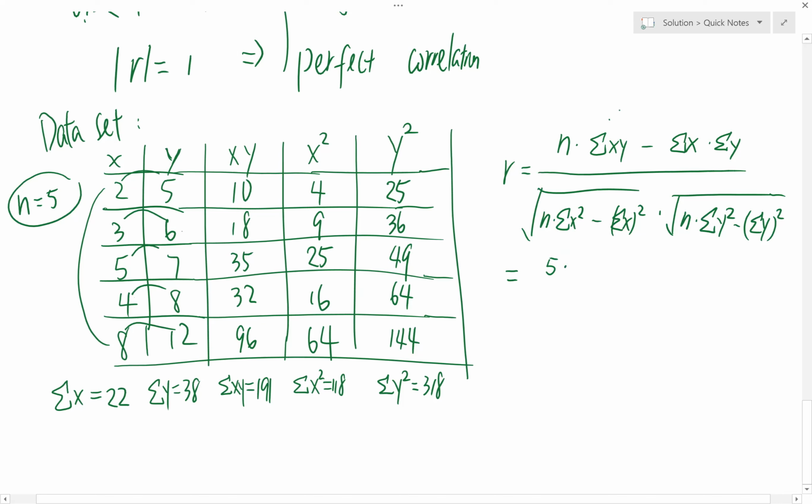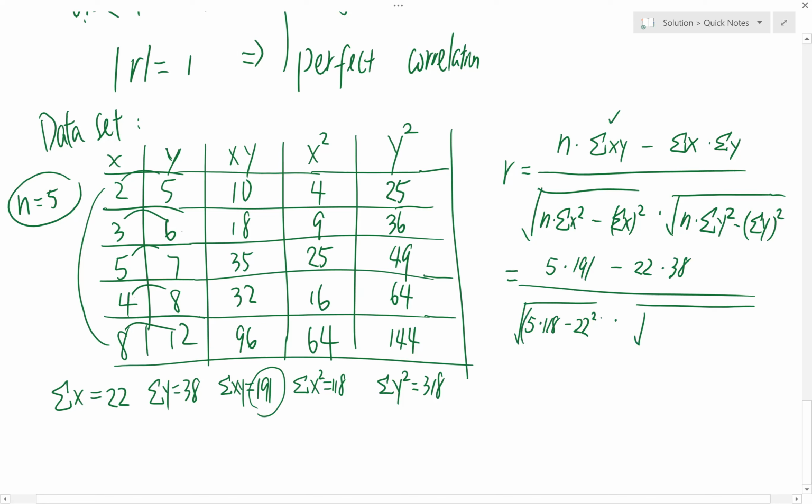Now summation xy, we match it here, right here, 191. 5 times 191 minus summation x is 22. Summation y is 38. Okay. That will be the numerator. For the denominator is the square root of 5 times summation x squared is 118 minus summation x is 22 squared, and multiplied by another square root.